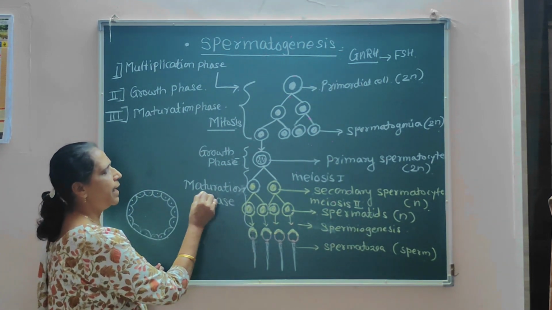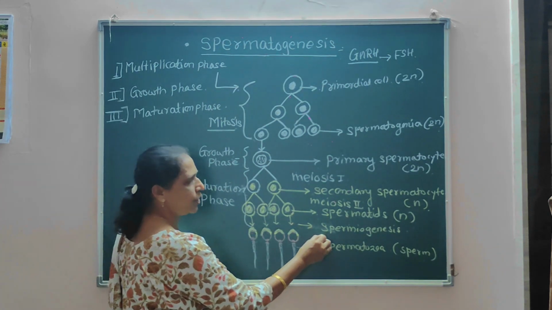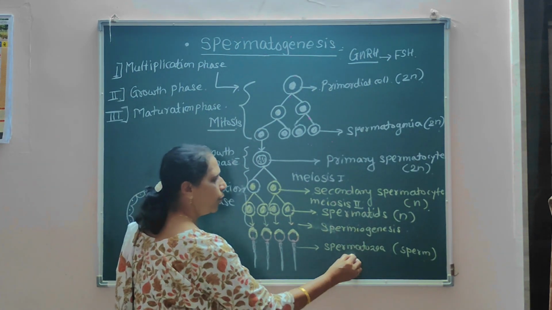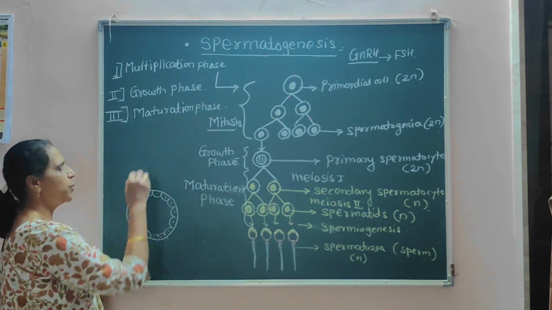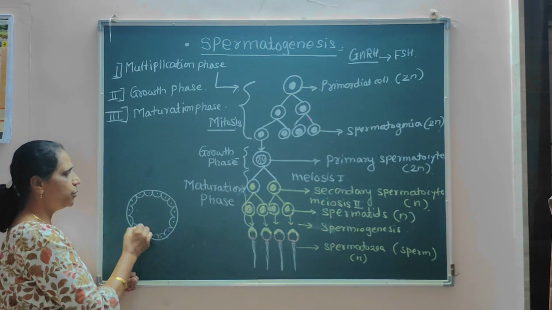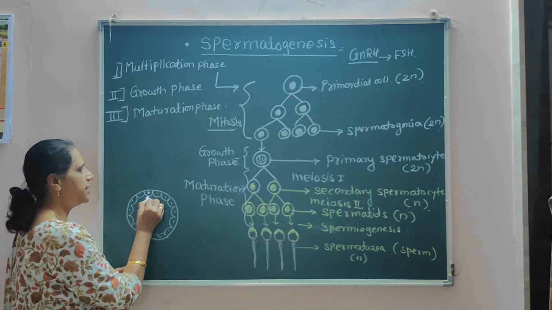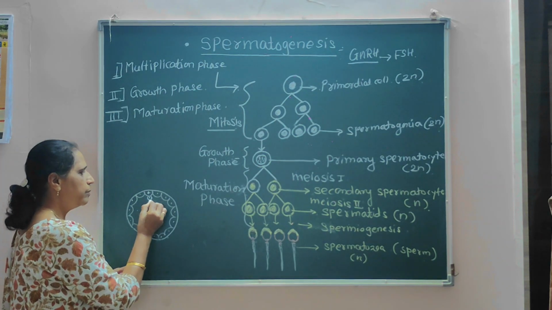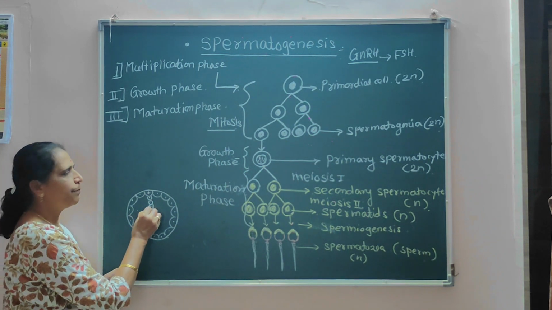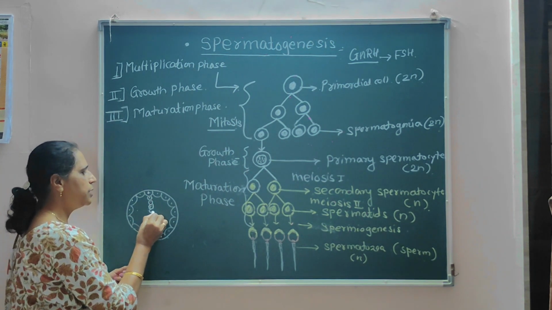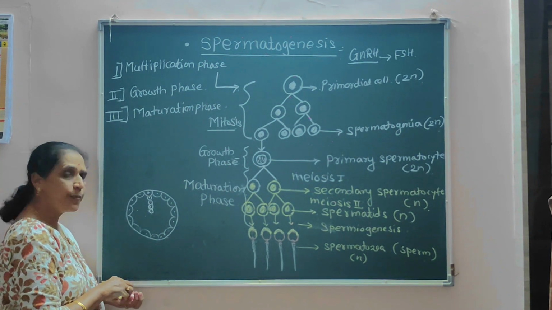They are formed in the maturation phase by the process of spermiogenesis, and are also haploid in number. Here the primordial germ cells undergo mitotic divisions, forming the primary spermatocyte, which converts into the secondary spermatocyte, then spermatids.